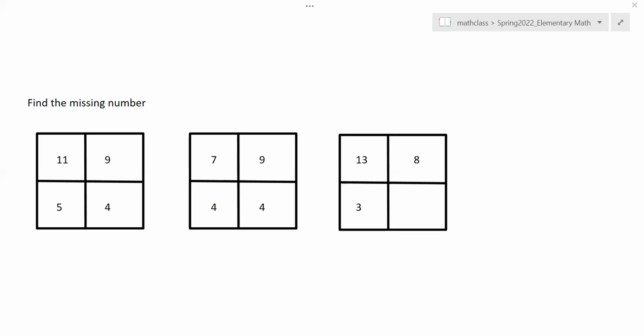Okay, I got one answer for this problem. I see the relationship among those four numbers in the first square, and then you look at the relationship among the numbers in the second square.